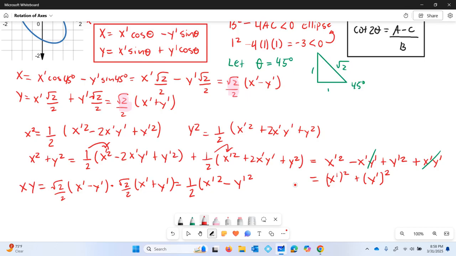Okay, now, if we look at this even further, what we need to do is add.